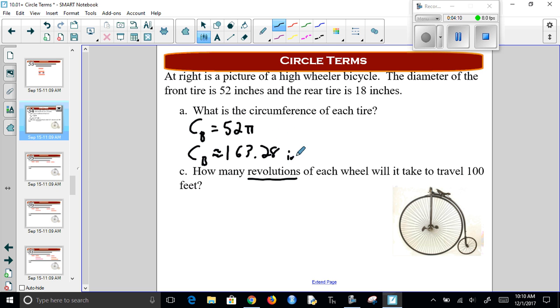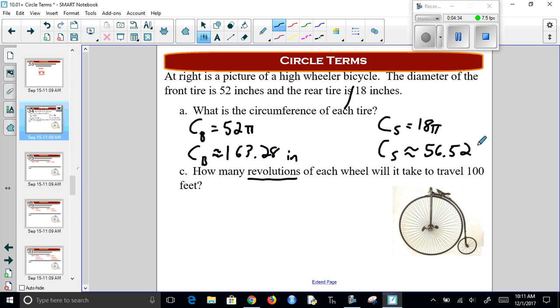What is this? Inches to go around this big tire. Now the circumference of the small, using a subscript for the small here, that's going to be 18 times pi. So if I do 18 times 3.14, that's about 56.52.